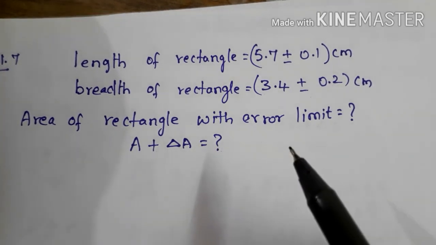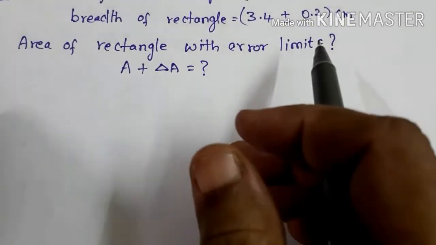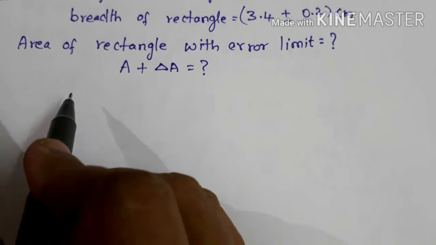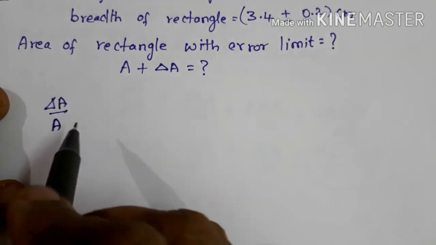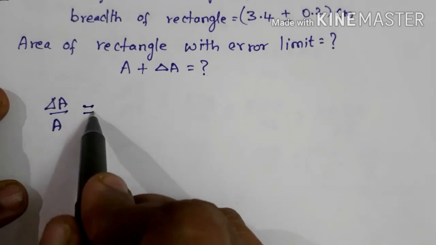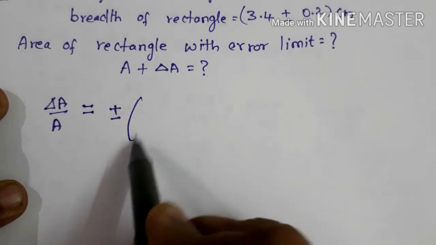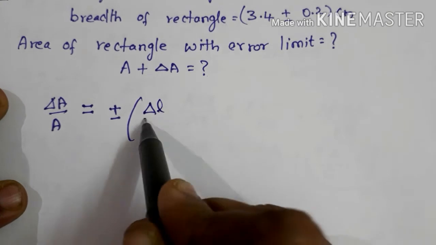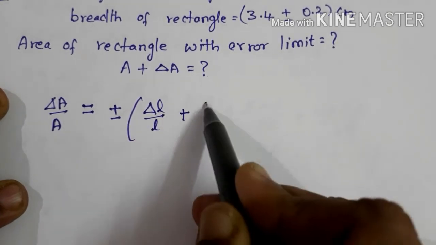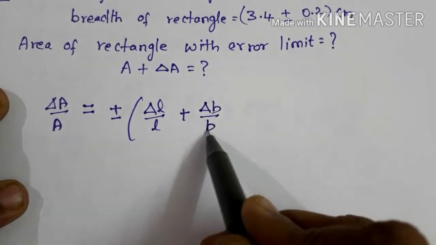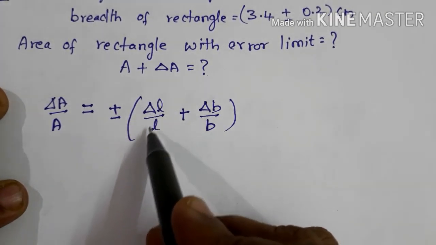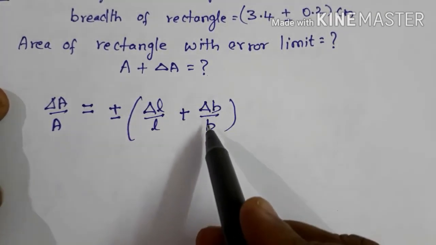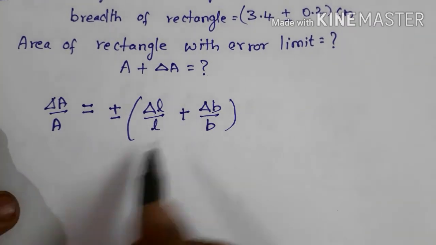I already told you, you have to use the formula delta Z by Z. Here I will write it as delta A by A because we are dealing with area. So that is equal to plus or minus delta L by L plus delta B by B. L for length and B for breadth. This is absolute error in length and this is length. Absolute error in breadth and B. So we will use this formula.